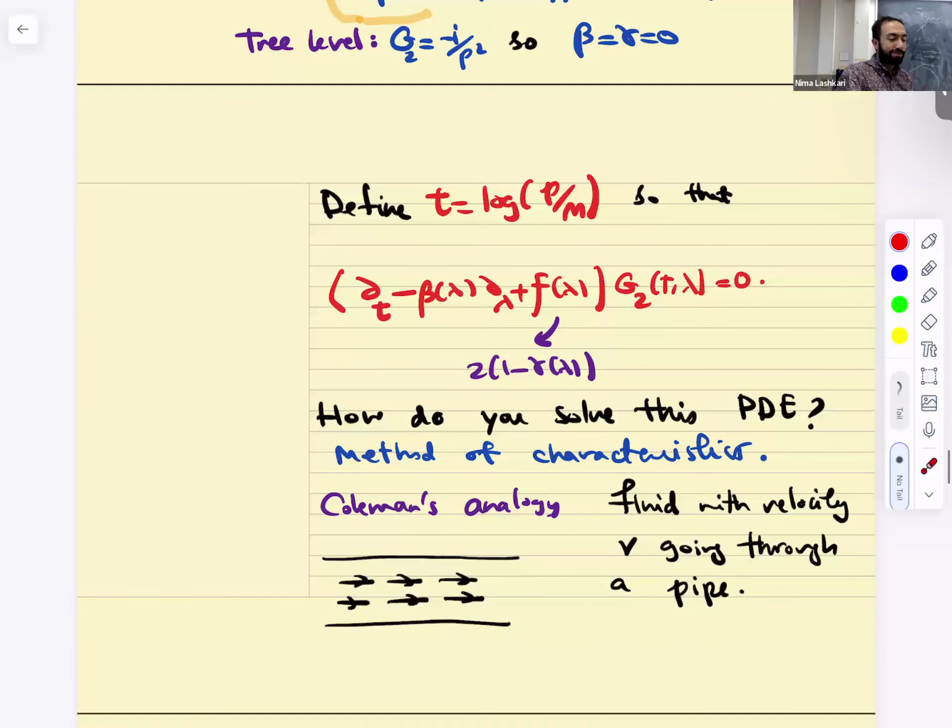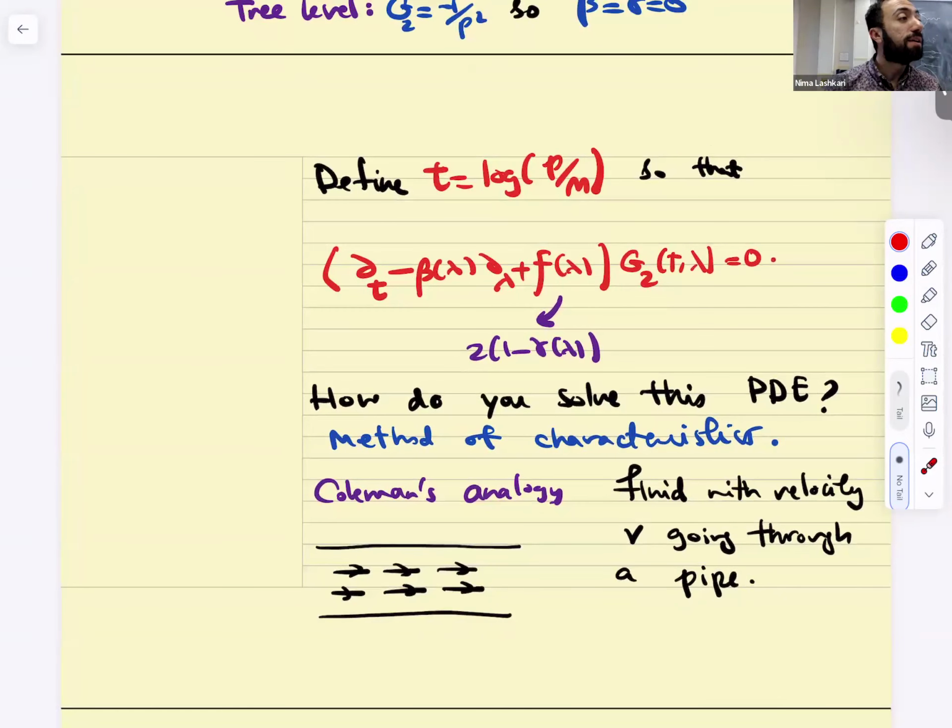The way we solve this PDE is using the method of characteristics. Sidney Coleman used an analogy that we're going to reproduce here to teach you the method of characteristics, using an example from biology. So what's the analogy? Imagine you have a pipe. Some fluid is flowing through this pipe with some velocity v.